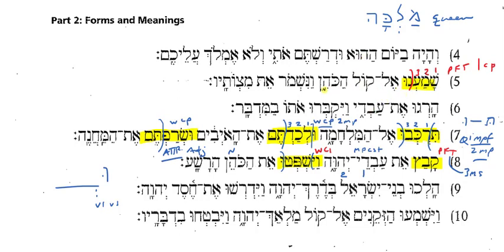How are Kol and HaKohen related to each other? This is a construct chain. You have to read these together as the voice of the priest. Now, here's the question. Is there anything about the form Kol that tells you for sure it's in the construct state?